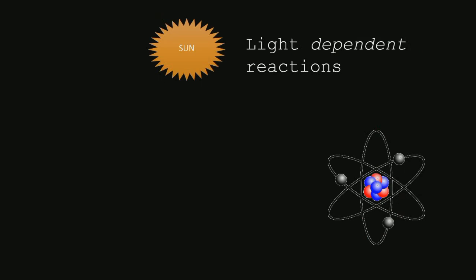Okay, so what happens in the light-dependent reactions? Basically what happens is that light energy is taken in by the electrons in these pigments and absorbed by them, and the electron gets so excited that it jumps to a higher energy level, and this keeps happening, and it gets so far away from the nucleus that it can just pop off because the nucleus has no power over it anymore.